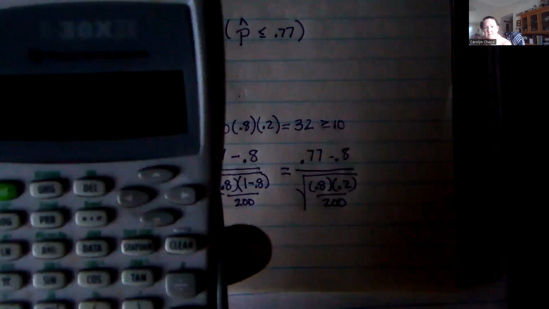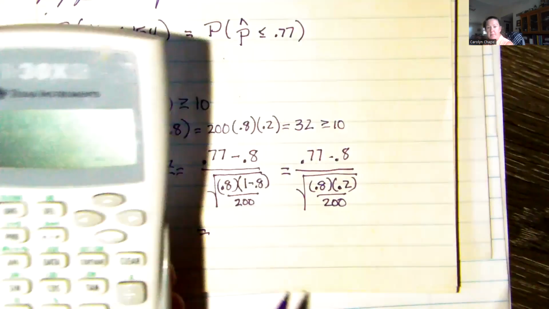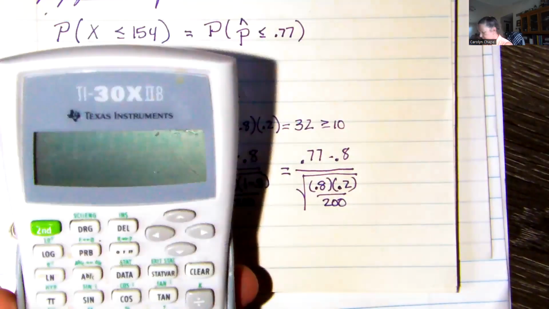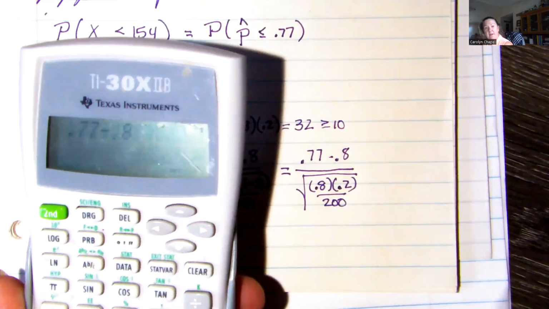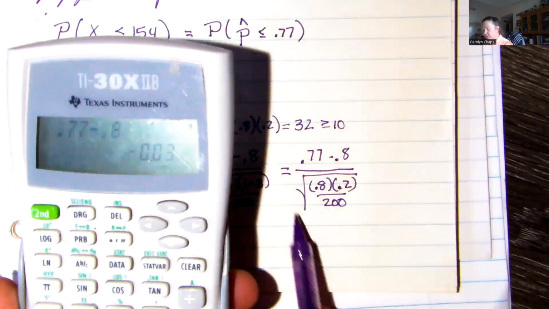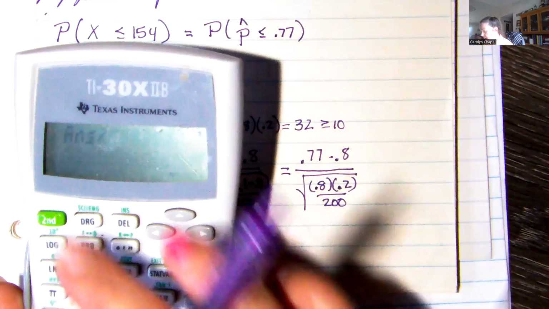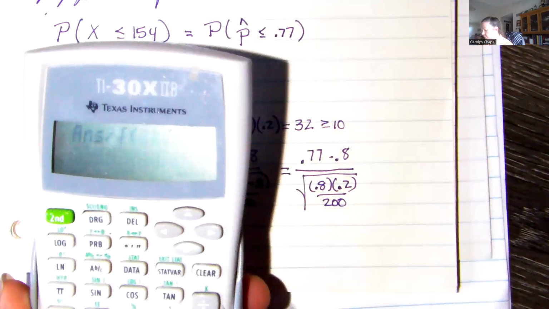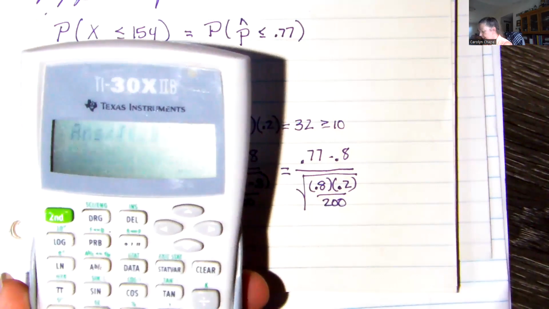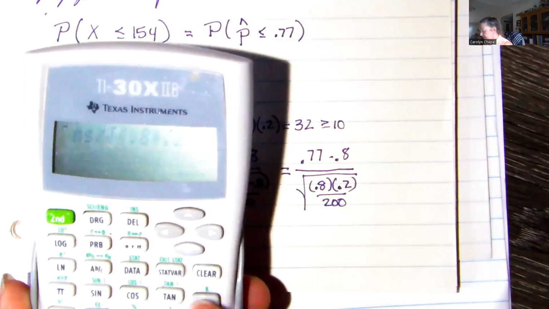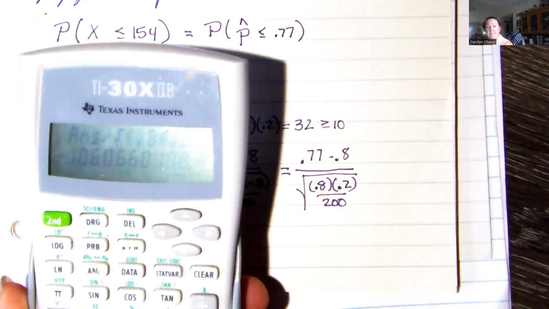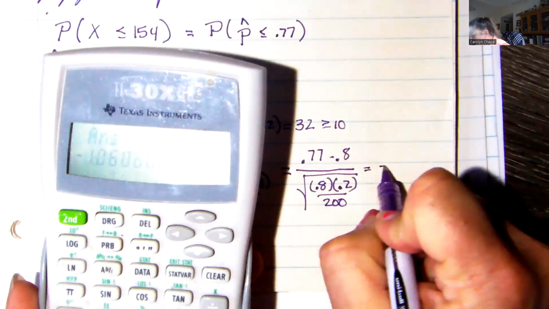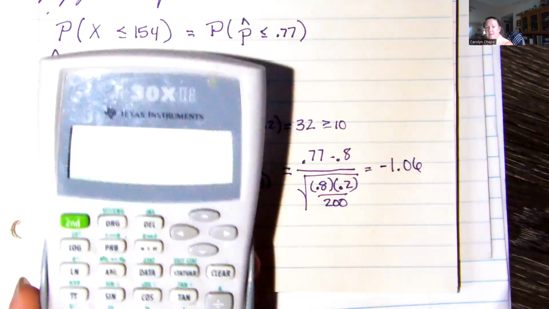We're going to do that 0.77 minus my 0.8, and I'm going to have to divide it by this ugly square root. So I hit my square root button, notice the parenthesis pops in, and do 0.8 times 0.2 divided by 200. Close off that parenthesis, hit my equal button, and I see a negative 1.06066 and so on.